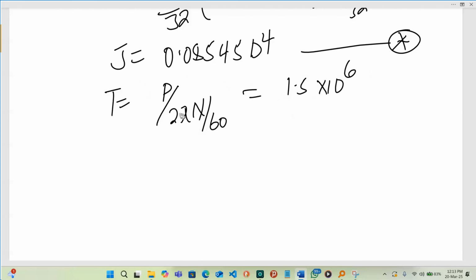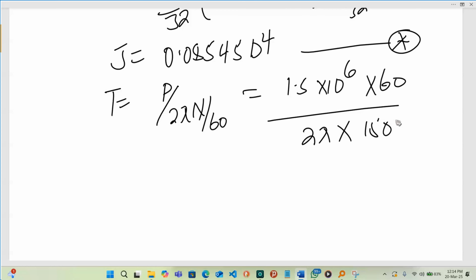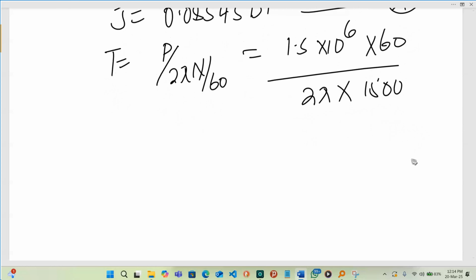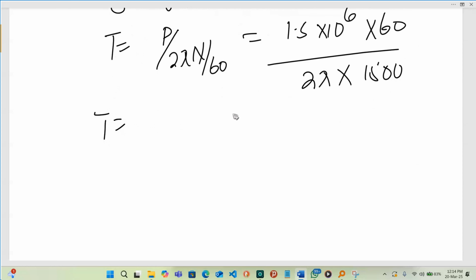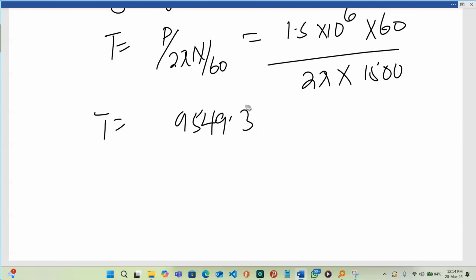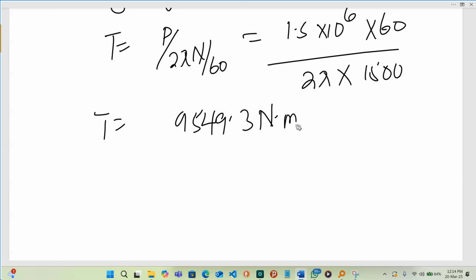Then this 60 shall go up, then we divide it by 2 pi times N. N is now given as 1500. So the proper calculation of T on our calculator will give us 9549.3, and this is in Newton meters.